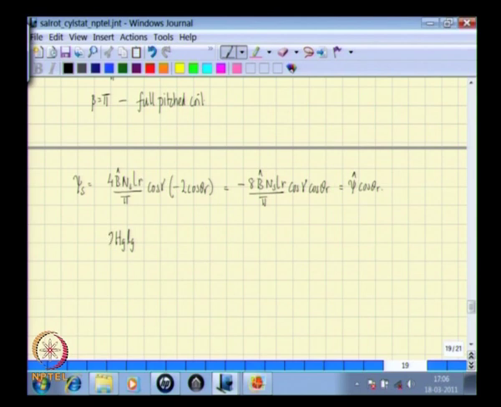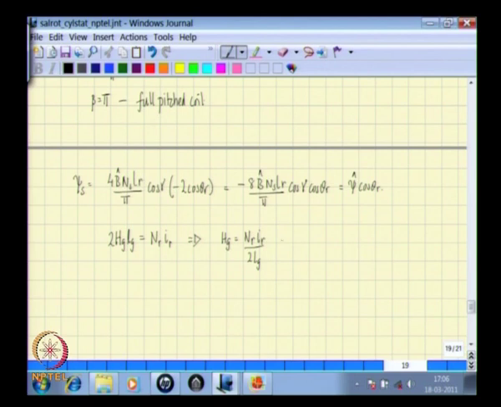So 2 times this must be equal to the number of turns in the rotor multiplied by I in the rotor, and therefore from this what we have is Hg equals Nr into Ir by 2 times Lg.